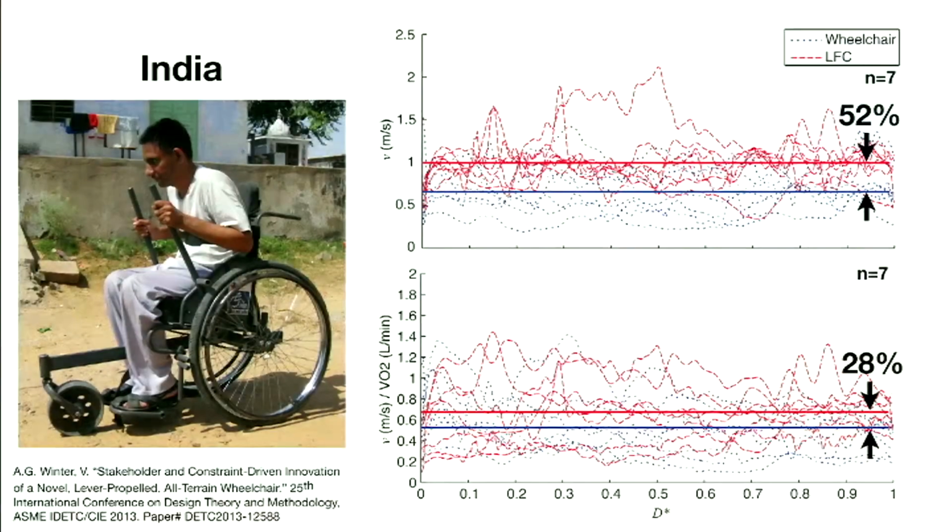And so we went back and tested this with a number of individuals throughout India. And we tested it in their real world context of where they'd ride a wheelchair. And so here again, we saw that we were about 60% faster than a regular wheelchair and about 30% more efficient. And I think these were the most telling and compelling data that we collected because all the people in this trial were just average people who had been injured, who had most of the time recently come out of the hospital.